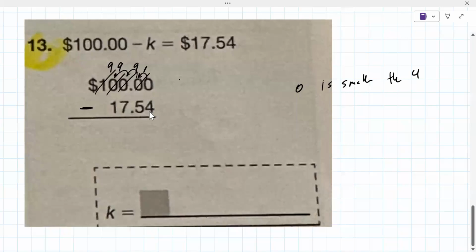So 10 minus 4 is what? 6. 9 minus 5 is 4. 9 minus 7 is 2. 9 minus 1 is 8. All right. So what is your final answer here? $82.46. Yes.